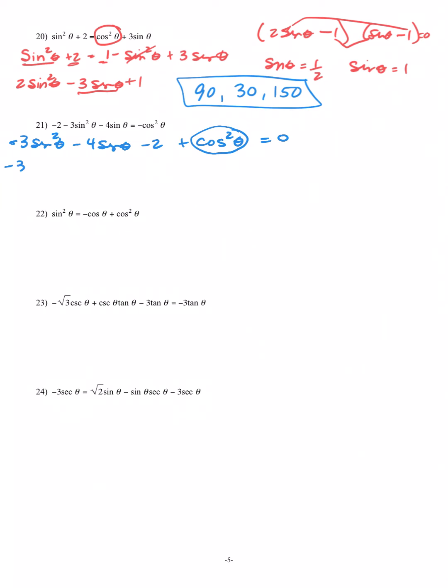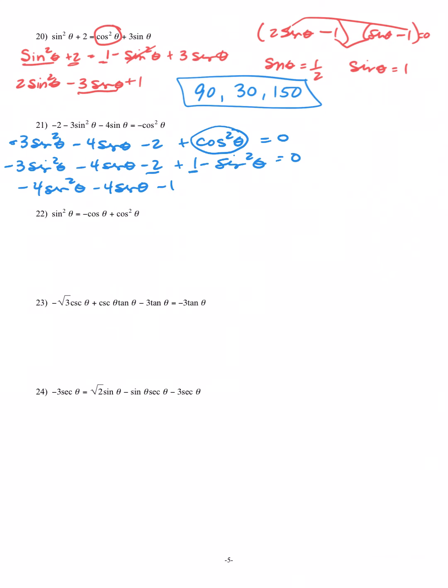We're going to have negative 3 sine squared of theta minus 4 sine of theta minus 2 plus 1 minus sine squared of theta equals 0. And that'll give us a negative 4 sine squared of theta minus 4 sine of theta. And when we add the minus 2 and the plus 1, we get a minus 1.